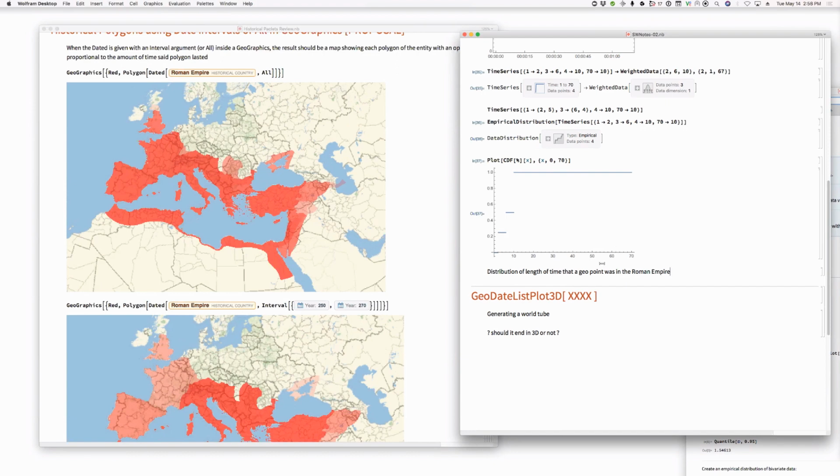Correct? So here, this should give me, for every geopoint, which is the analog of a value here, the distribution of the length of time that point was in the Roman Empire. Is that true?